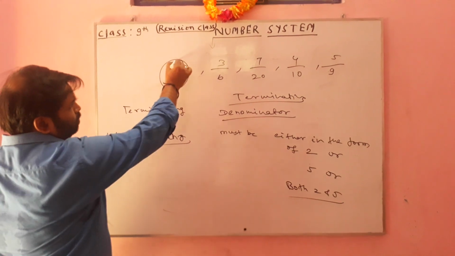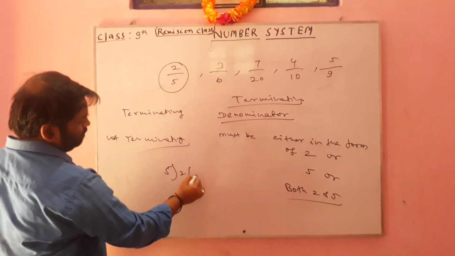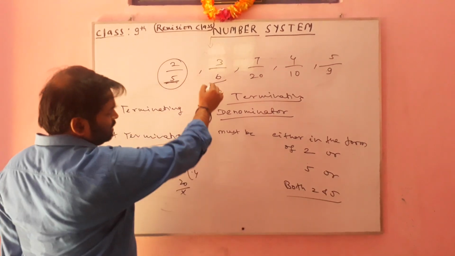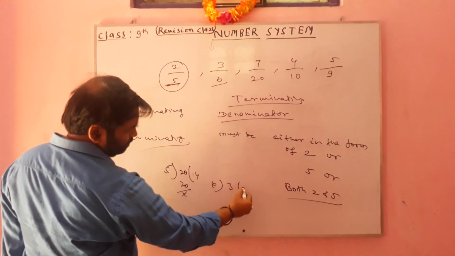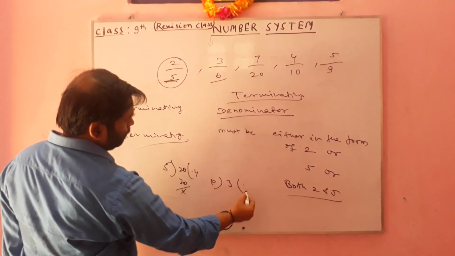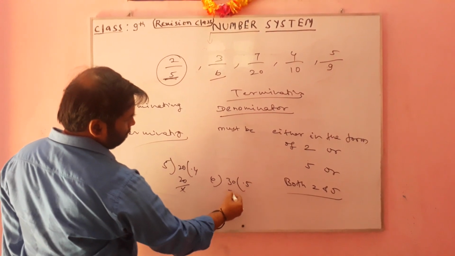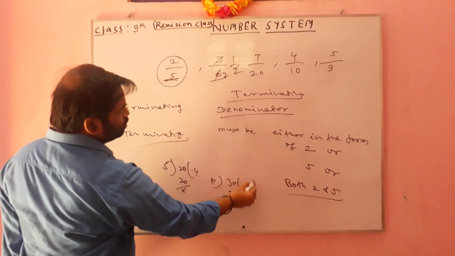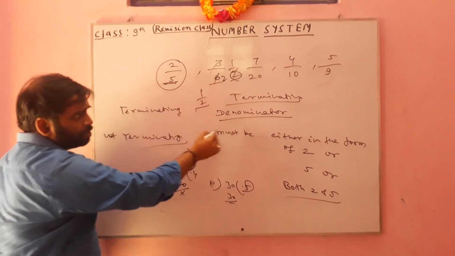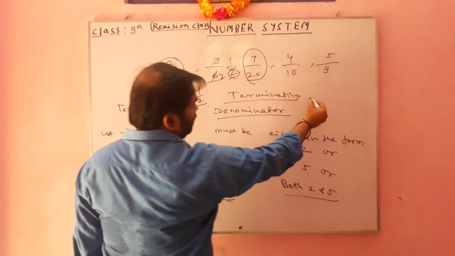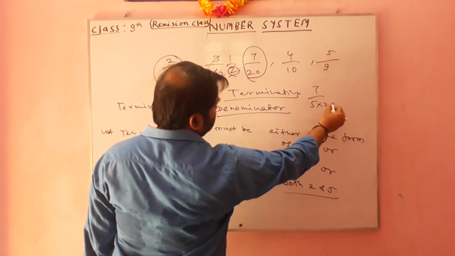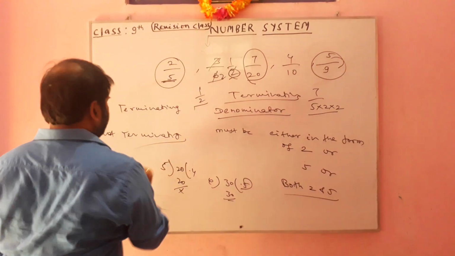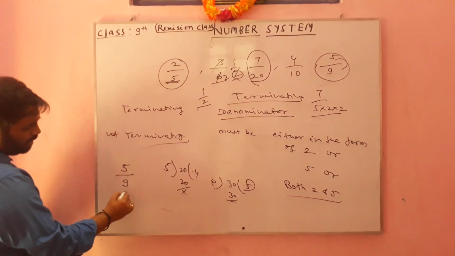See here, this is 2 by 5, a single 5 in the denominator. Here 3 by 6 is 1 by 2, so this is only in the form of 2. Here 7 by 20 means 5 into 2 into 2, so this is also terminating. And what about 5 by 9? See here, 9 is 3 into 3.